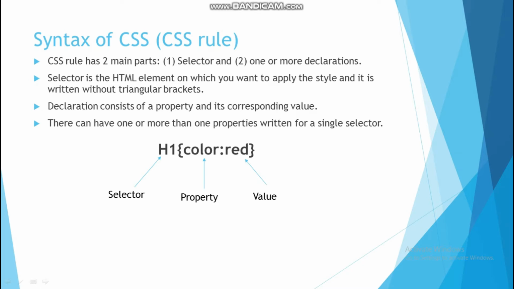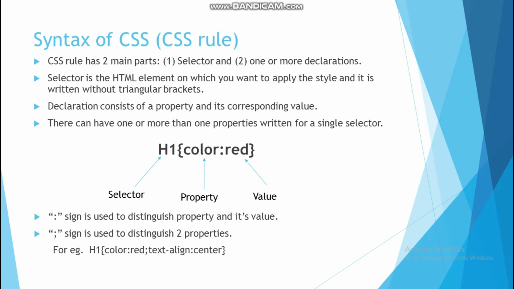So h1 is selector, color is the name of property, red is the name of value of color property, and colon sign is given in between property and value. Remember, this can be asked in examination, that which sign is used to distinguish property and its value in CSS. So the answer is colon sign.